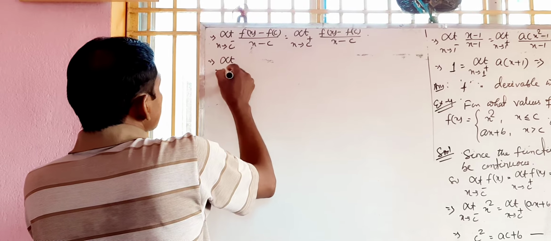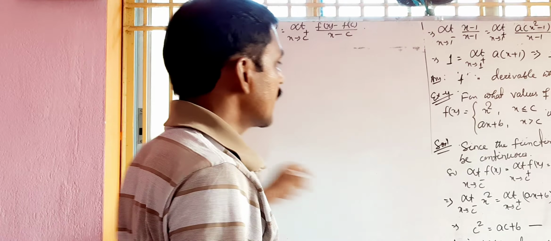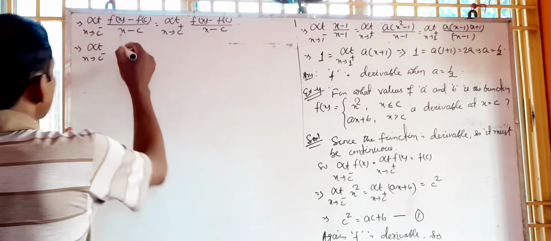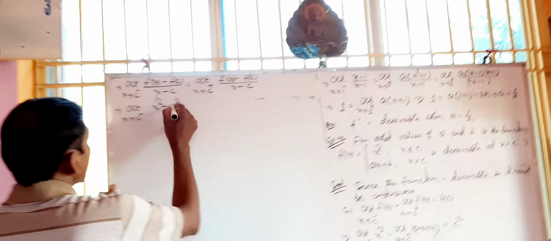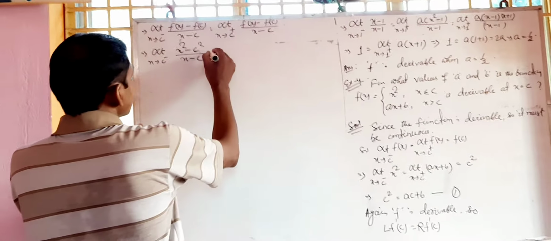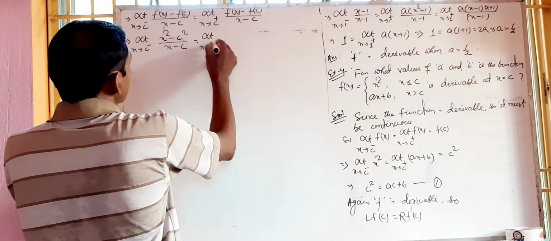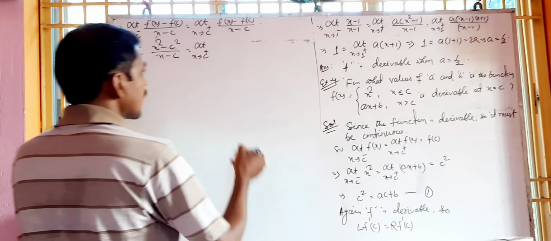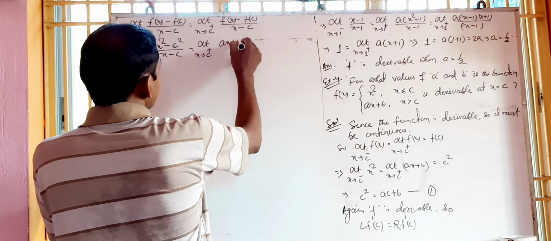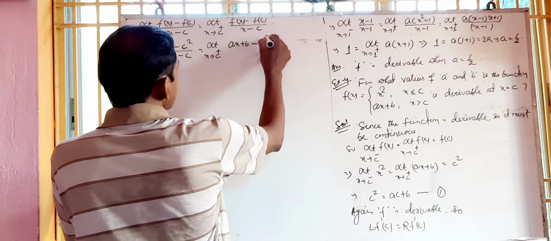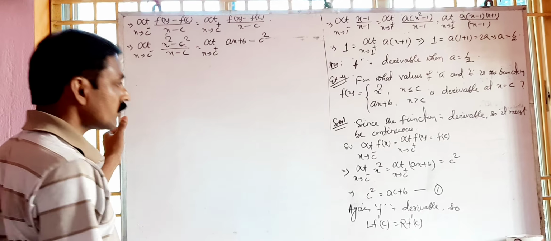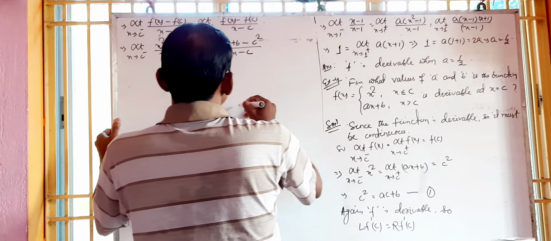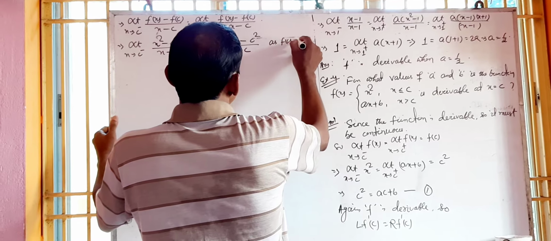Now for c minus, f of x is x square, and f of c is c square. For c plus, when x is greater than c, f of x is ax plus b, minus f of c, which is c square, by x minus c.